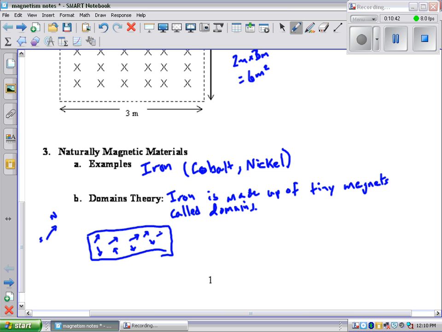So we'll label that this is unmagnetized iron.